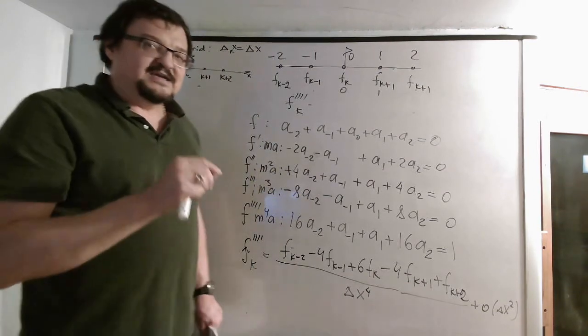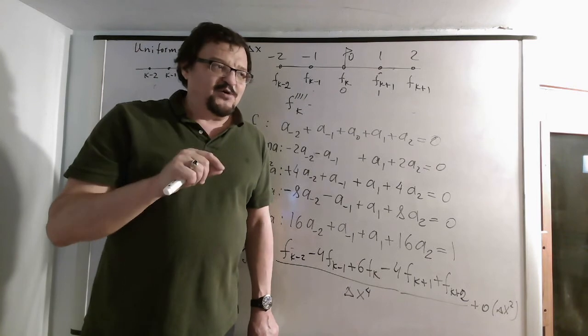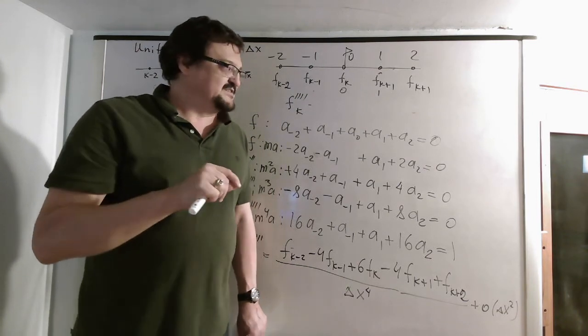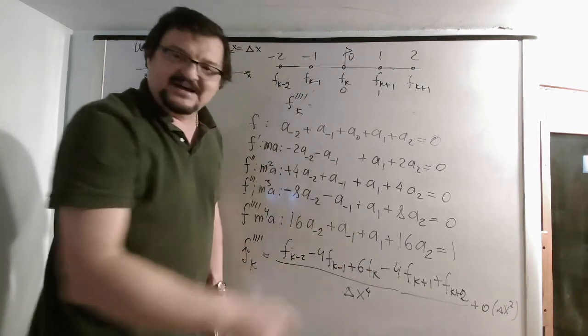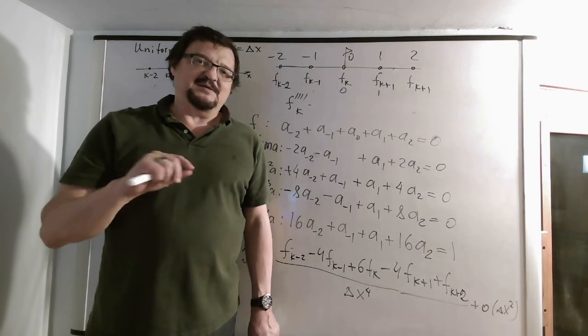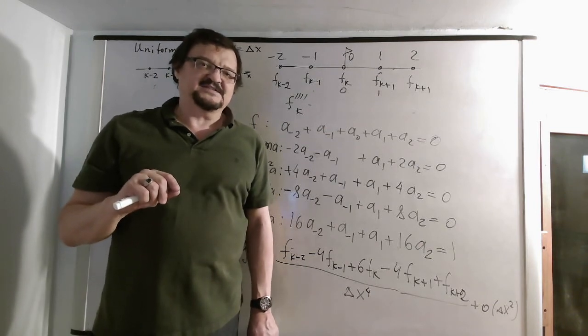And so that's why you always try to avoid very high order accurate derivatives, because they're expensive. You have many numbers like that. And so probably there should be some plausible compromise.